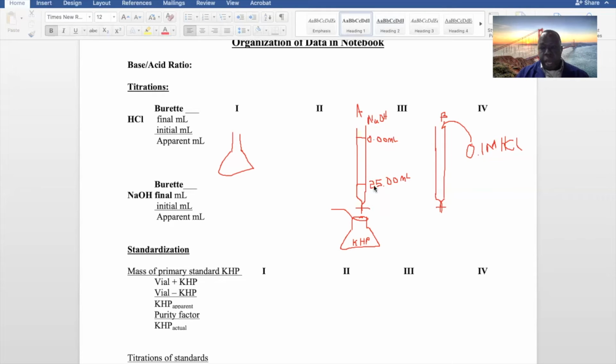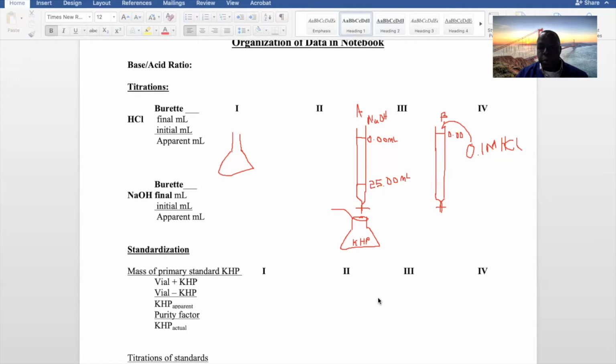You are supposed to now take this flask and, starting from 0.00 for HCl, back titrate the over titrated sample of KHP.